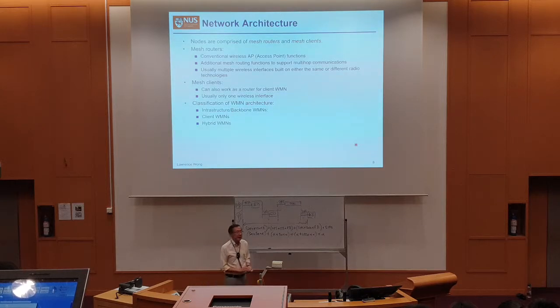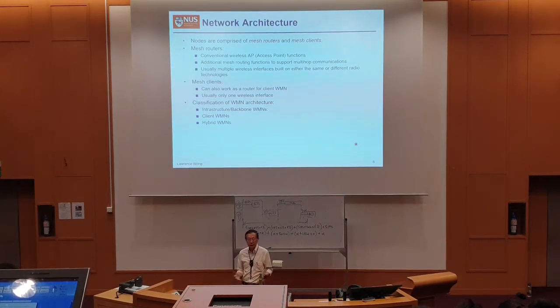Basically the network architecture comprises two classes of devices: the mesh routers and the mesh clients. The mesh clients are the nodes. The mesh routers, as the name suggests, behave as intermediaries to relay traffic to the backbone.